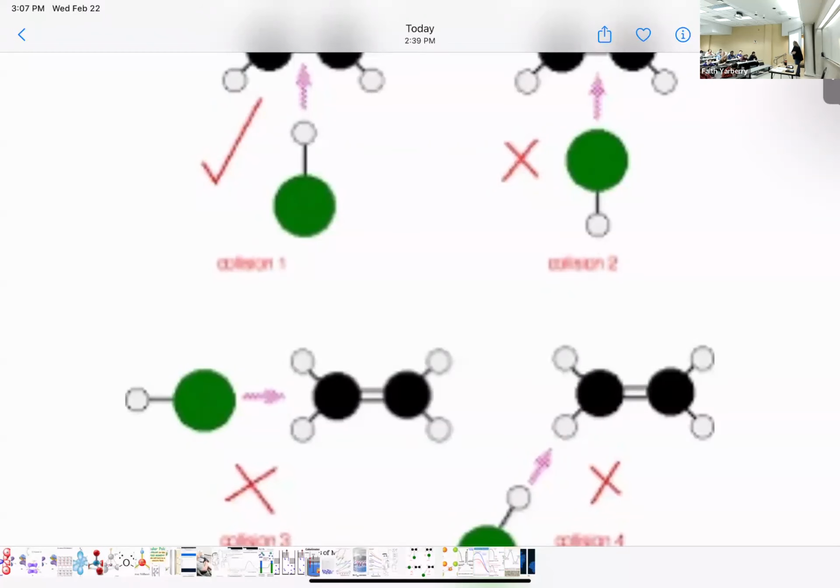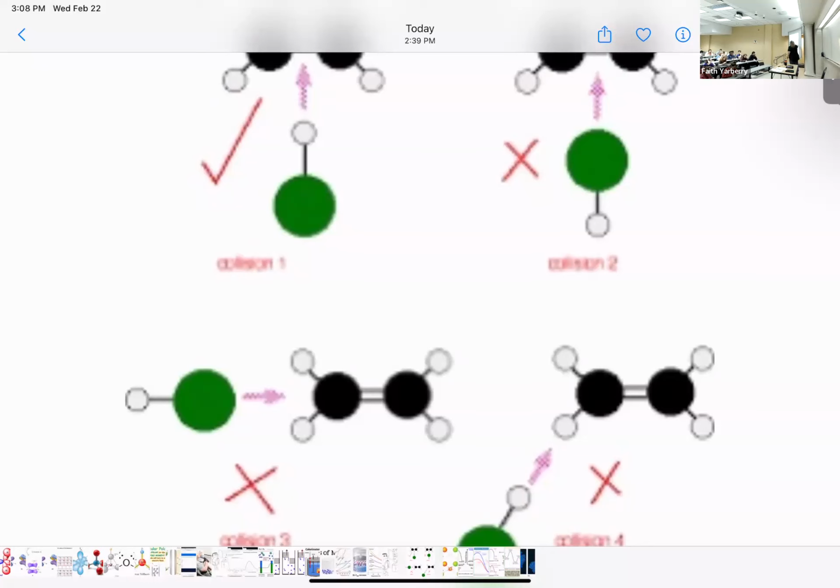In this particular example, you will see that we have a hydrogen going into a double bond area. And that would be a good collision.